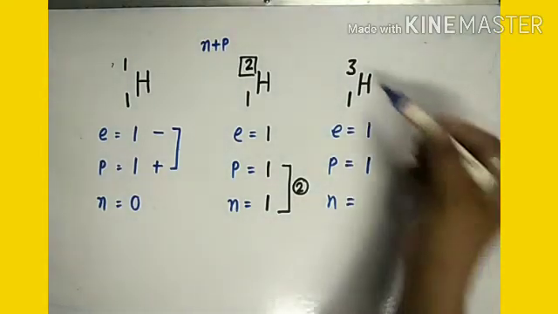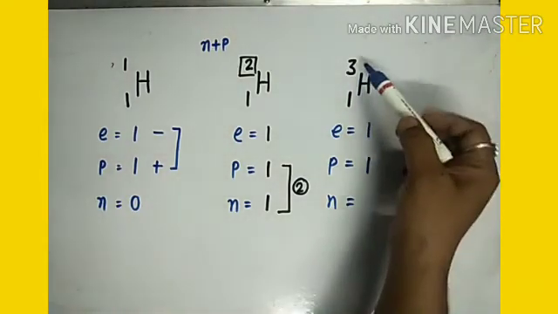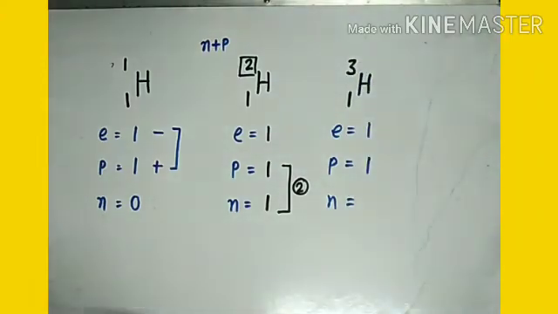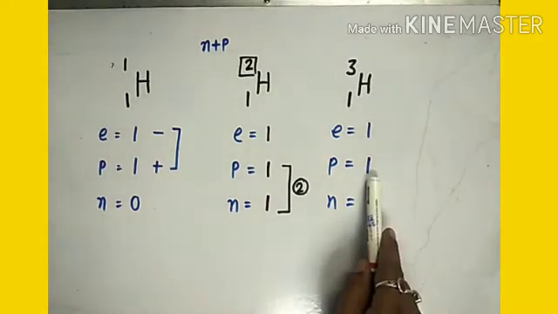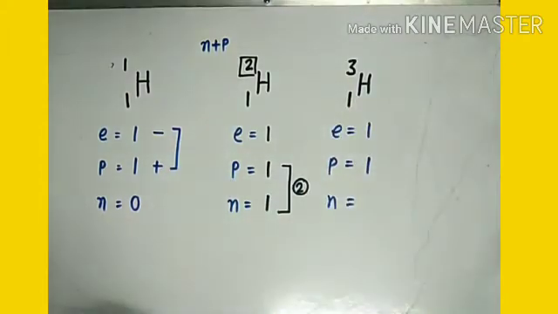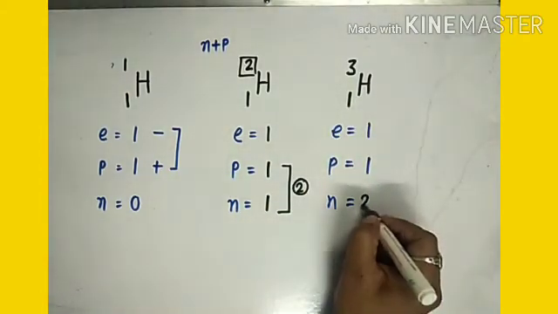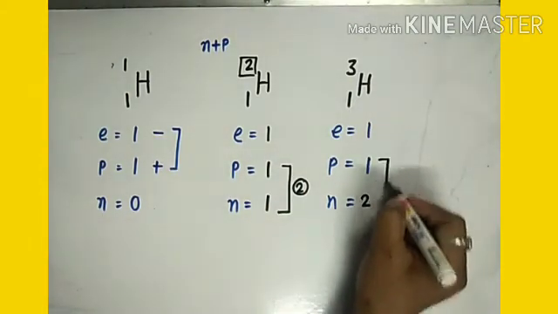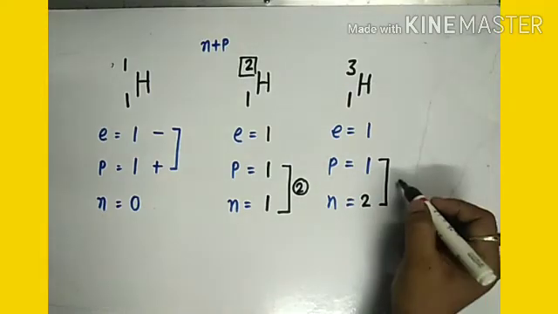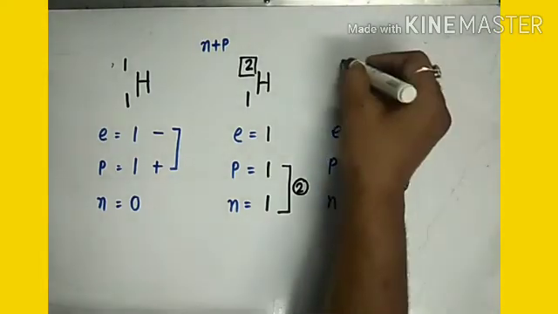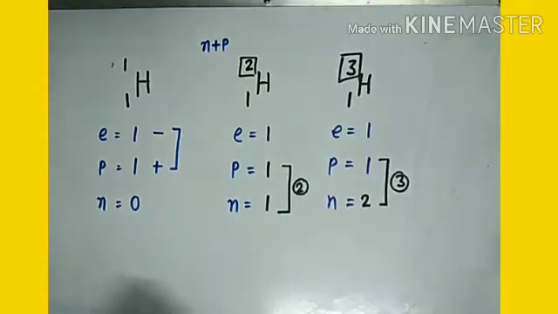But what about the number of neutrons? You know that the atomic mass is the sum of the neutrons and protons. So basically we have one proton, that means the remaining are neutrons. So we have 2 neutrons here. So the atomic mass is 3. That will be easily written here.